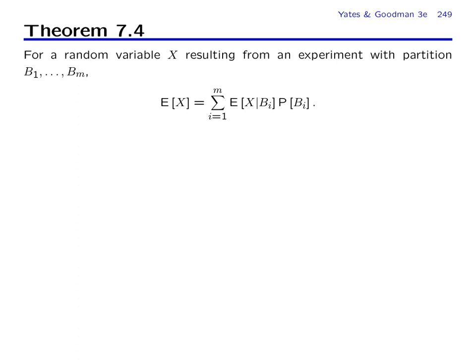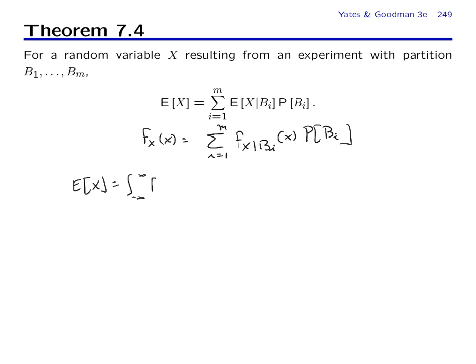Specifically, we recall that we found the PDF of X is the sum over i is 1 to m, f of X given B_i of x times P of B_i. And now expected value of X is the integral of x times the PDF of x.